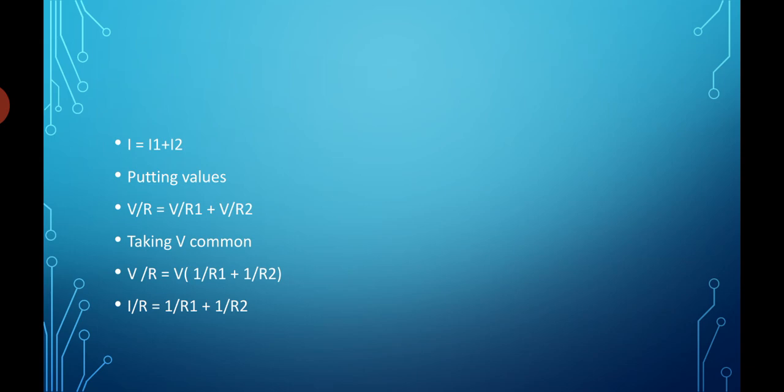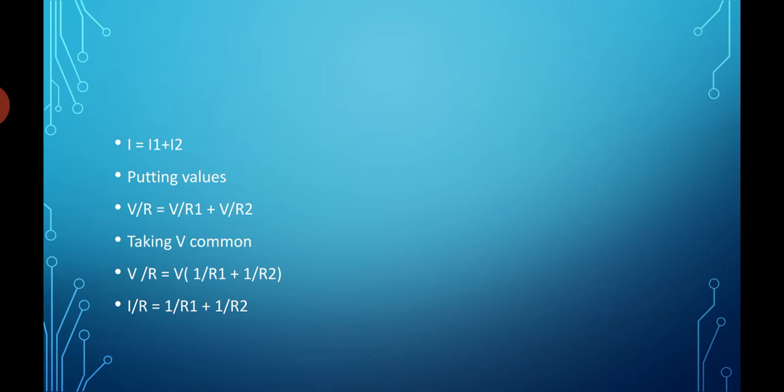Taking V common, we will get V divided by R is equal to V into 1 over R1 plus 1 over R2. And the V will be cancelled out with the V on the other side of the equation, and the final equation will be 1 divided by R is equal to 1 over R1 plus 1 over R2. This will be our final equation.